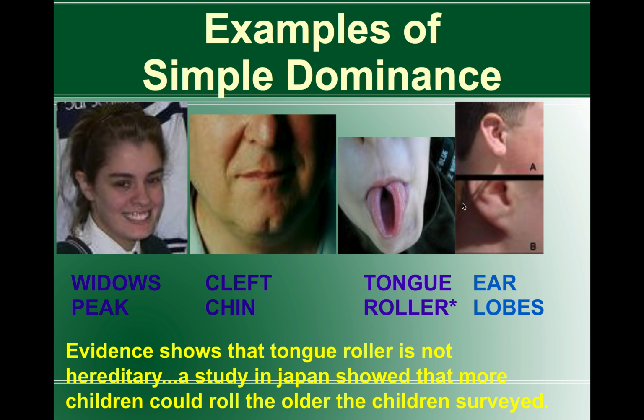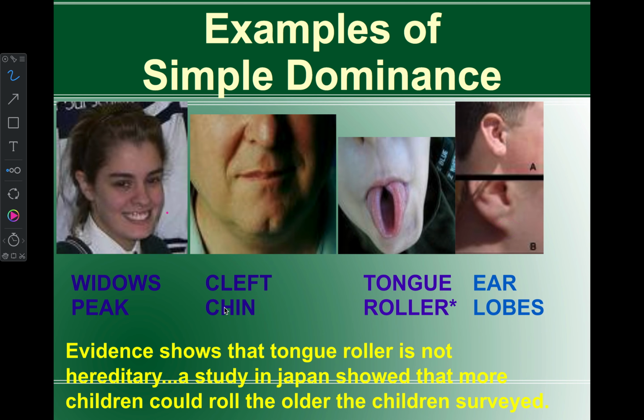But that is not always the case. Examples of those simple dominant traits that we've previously been working on are a widow's peak, which is when your hairline goes like that, a cleft chin, and your earlobes, so this is a free earlobe and an attached earlobe.